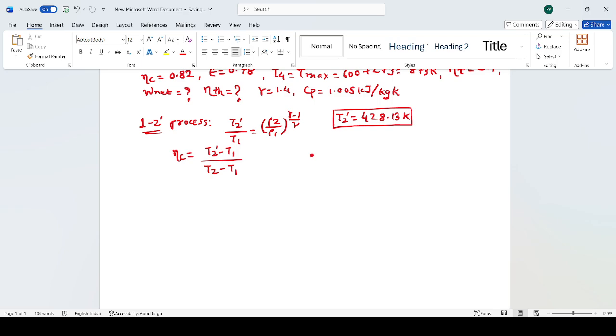I know the compressor efficiency as 0.82, and I know T2 dash and T1, so the only unknown is T2. Substituting all these numbers, I can calculate the temperature after the actual compression process, which is obtained as 458.89 Kelvin.